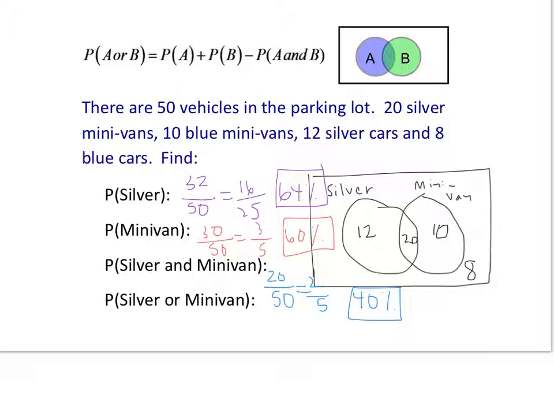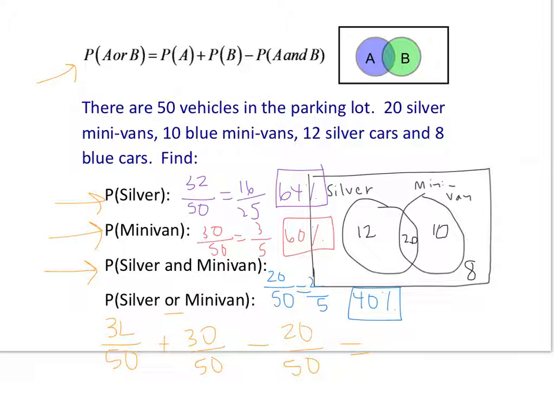And last, the probability that we have silver or a minivan, and again, or means to add. So again, silver was right up here. That was 32 out of 50 before we simplify. Plus the probability that we have a minivan, which was right here, which was 30 out of 50, minus, this comes from the formula right up here, the probability of them both occurring at the same time, which was right here in that formula, which again was 20 out of 50.